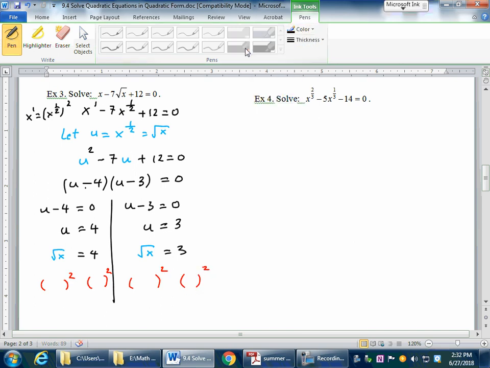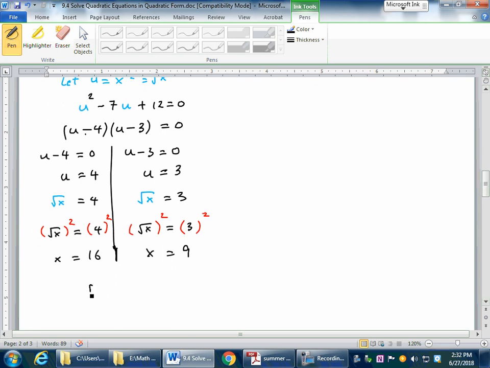So this will become square root of x squared equal to 4 squared, so therefore x is equal to 16. Now the next one, square root of x squared is equal to 3 squared, so therefore x is equal to 9. So from here we got two solutions, which are 9 and 16. That will be my final answer.